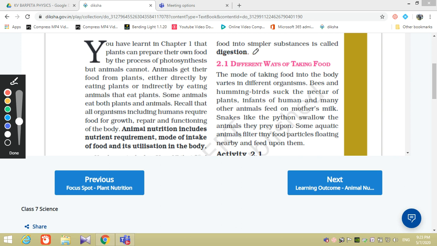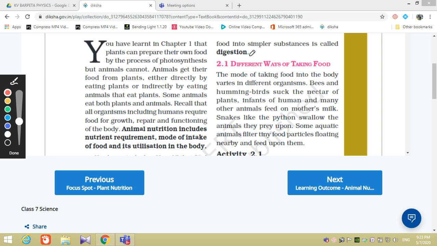This is not a single step process, this is a multiple step process. This process of breaking down the complex structure of food components into very, very simple structures is known as digestion.